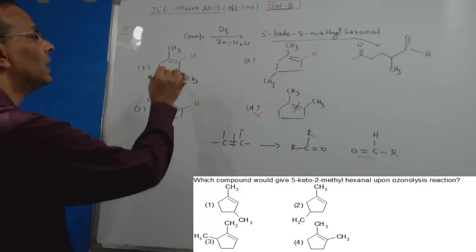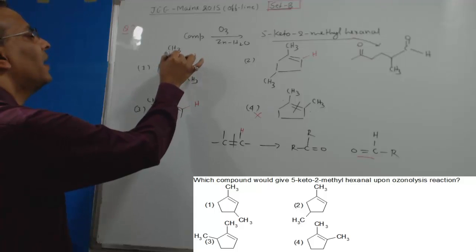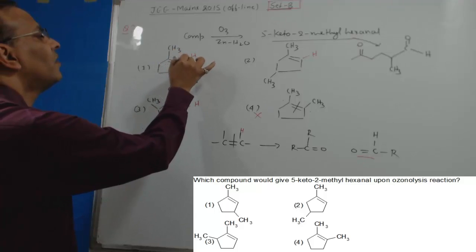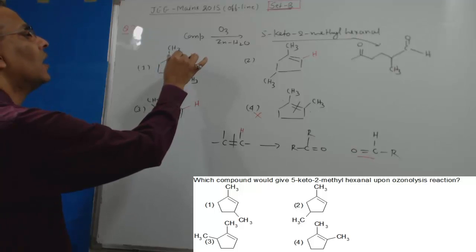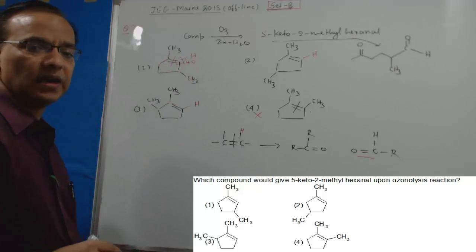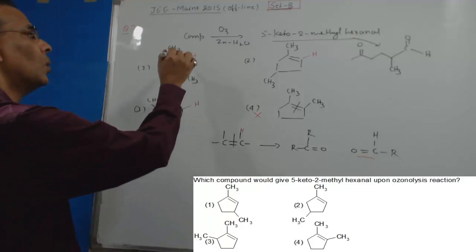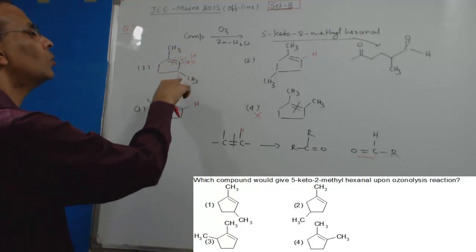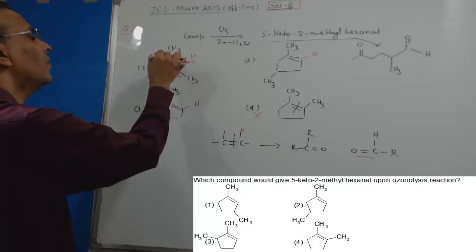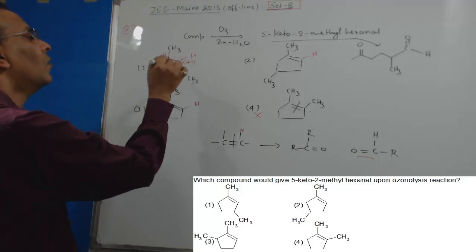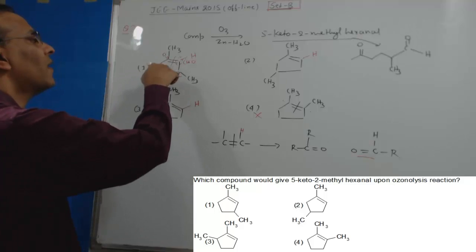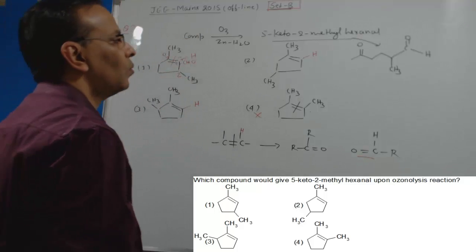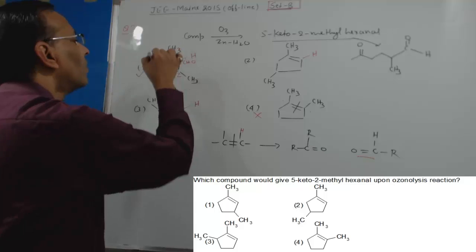So here we will have this part aldehyde, CHO, and the carbon of aldehyde will be numbered 1, so 1, 2, 2-methyl, 3, 4, 5, this will be the ketone part. So 1, 2, 3, 4, 5, 2-methyl, 5-keto hexanal. So the answer will be this.